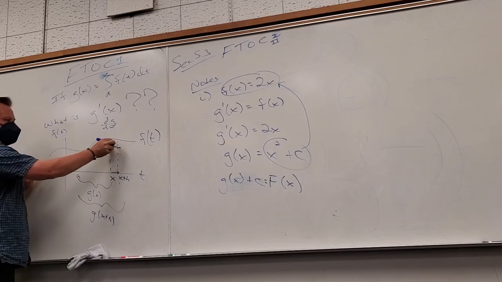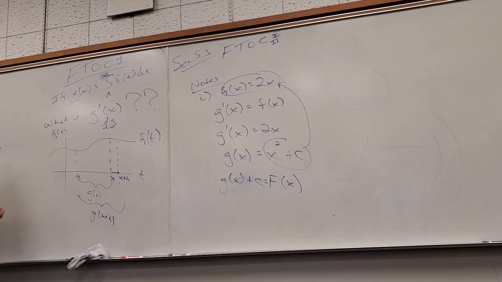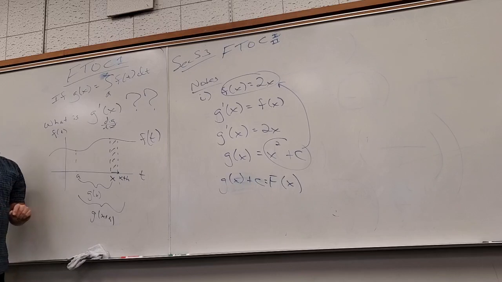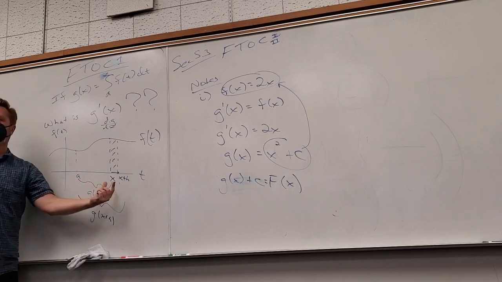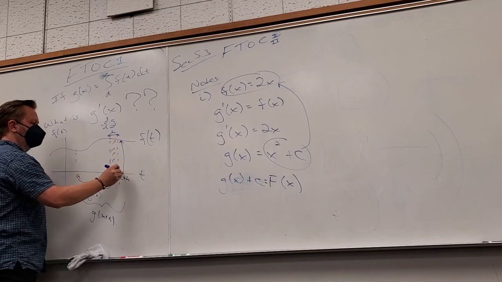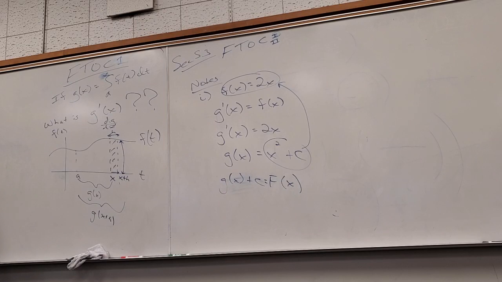Now, how much area did we pick up? Do you see how that's a rectangle? Stop for a minute. I want to figure out exactly how much area we've picked up. How wide is that? h, beautiful. How tall is it? I've got a few options here.